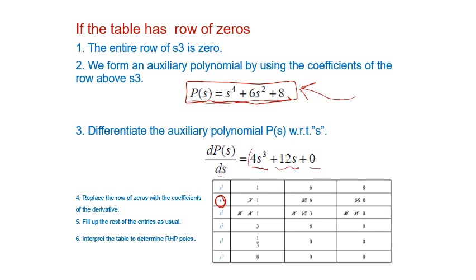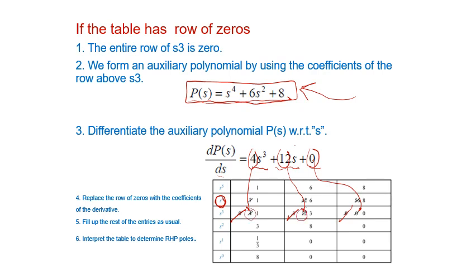Take the coefficient of each s term and replace the row of zeros with it. That means this 0 will be removed and we will put 4, this 0 will be removed and we will put 12, and this 0 will be removed and we will put 0. Now we get the row 4, 12, and 0.